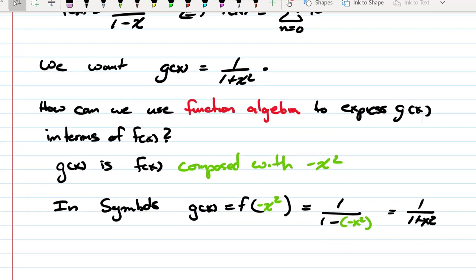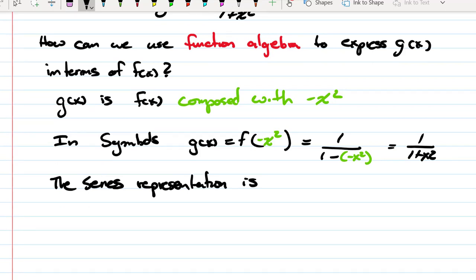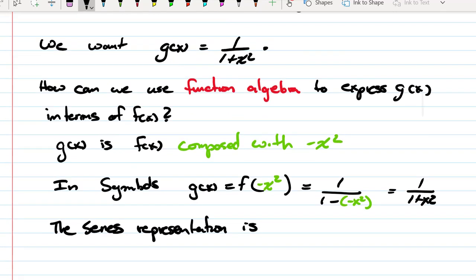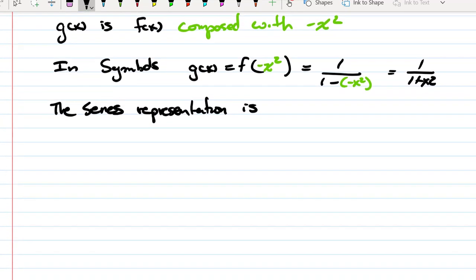So we can use the fact that we know f of x is also this convergent geometric series. So the series representation is, we're going to take our f right here and replace x with negative x squared. So we have the sum as n goes from 0 to infinity of negative x squared to the n.